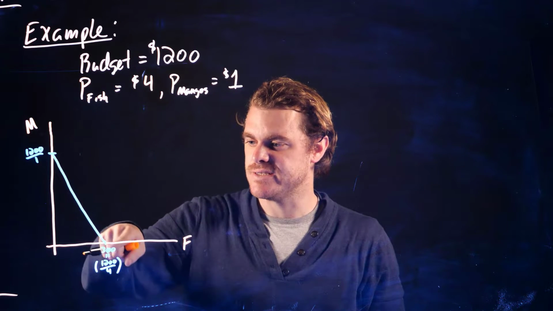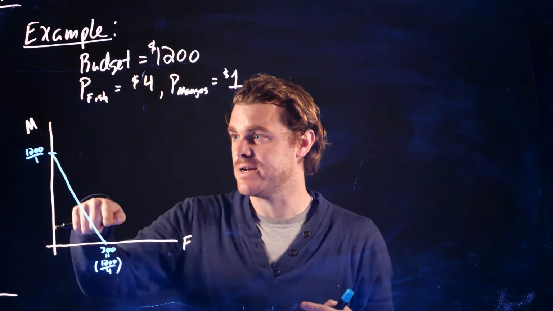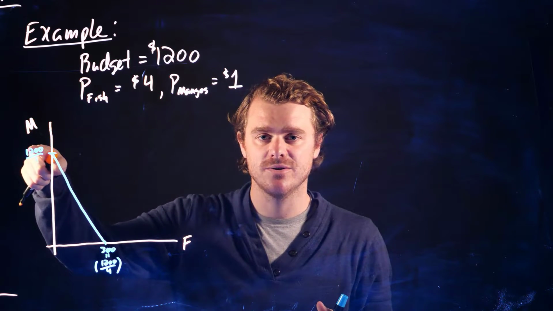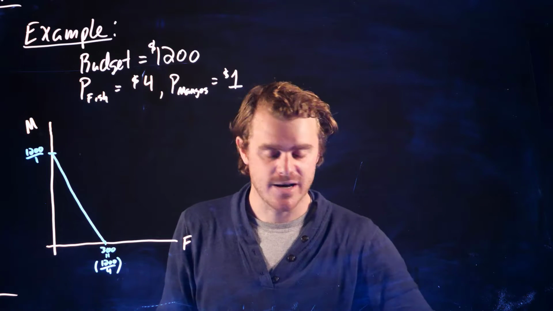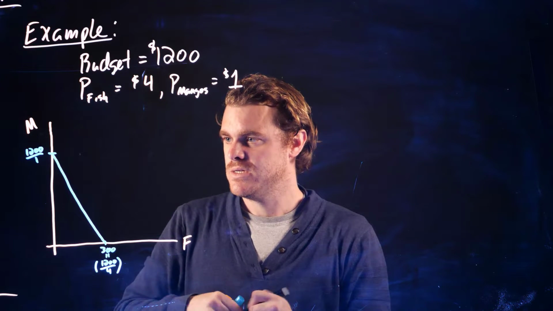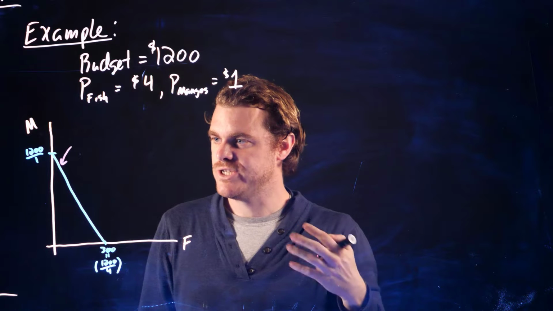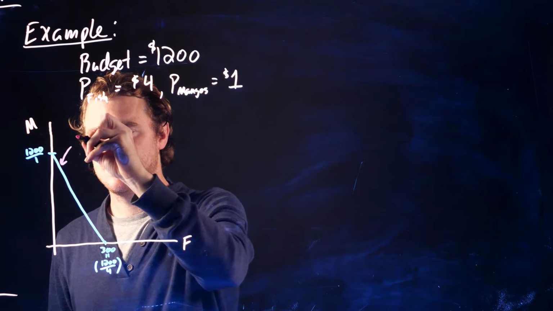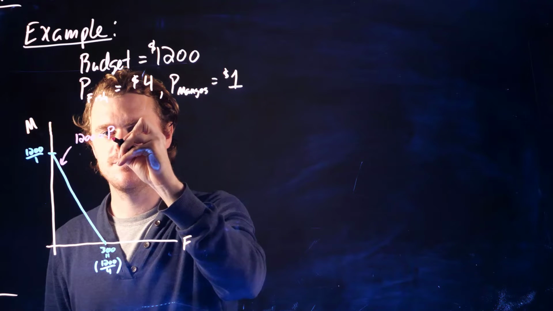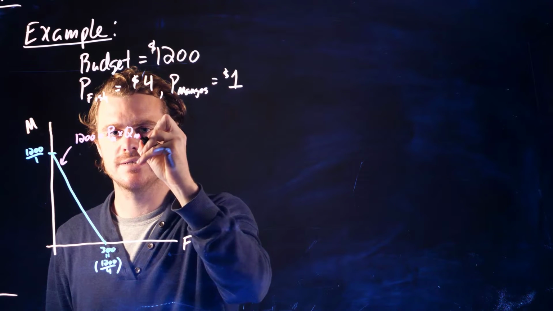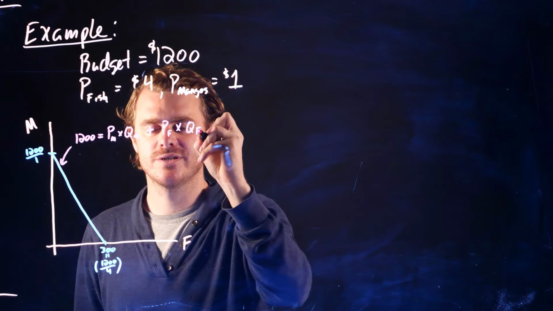It's a nice straight line because Alex's decisions on what to purchase aren't going to affect the price. So him deciding to purchase more mangoes isn't affecting the price of mangoes, and him deciding to purchase more or less fish isn't going to affect the price of fish. So we can represent the equation for this line as $1,200 equals the price of mangoes times the quantity of mangoes, plus the price of fish times the quantity of fish.